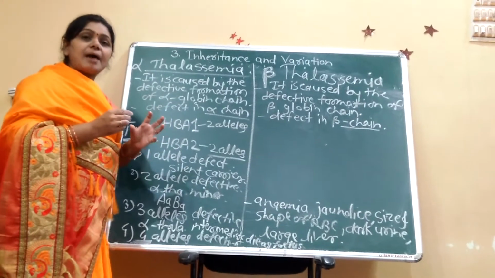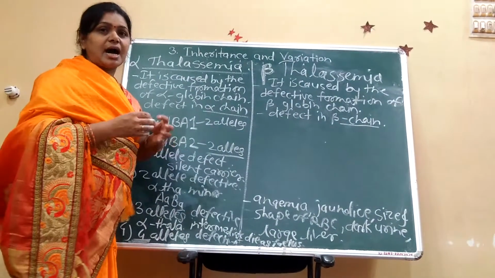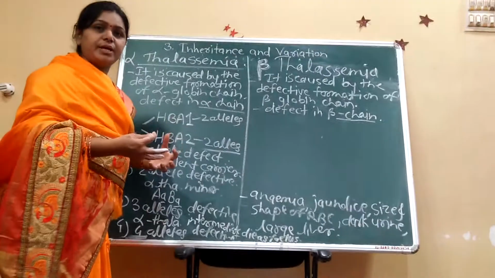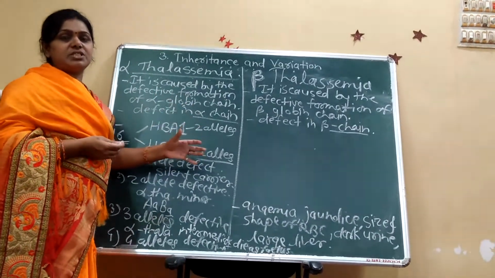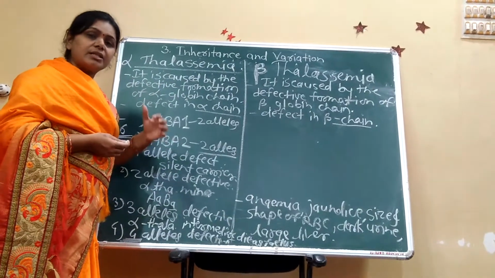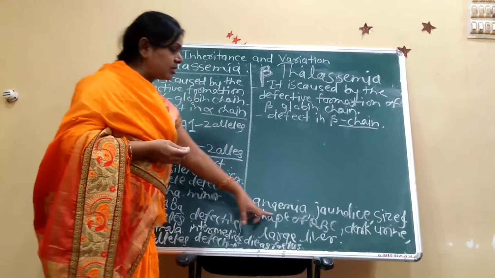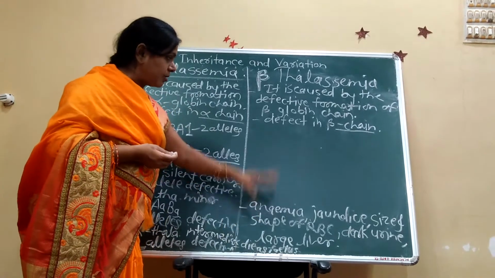There is an abnormal condition in the RBCs or the hemoglobin, and due to this there is oxygen deficiency in the blood, and then the symptoms are formed.